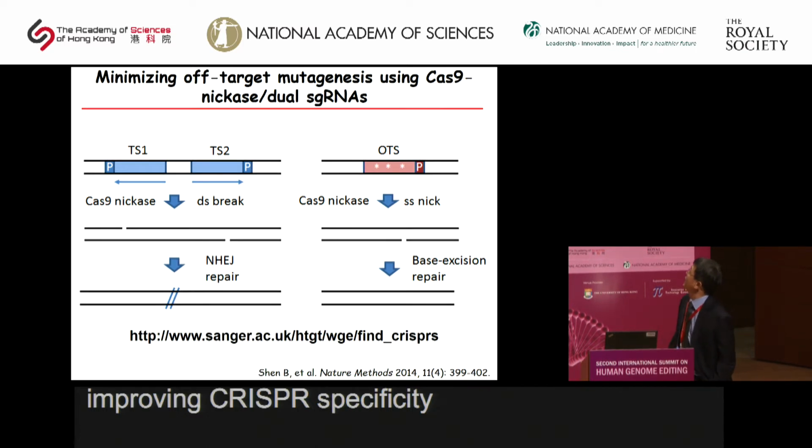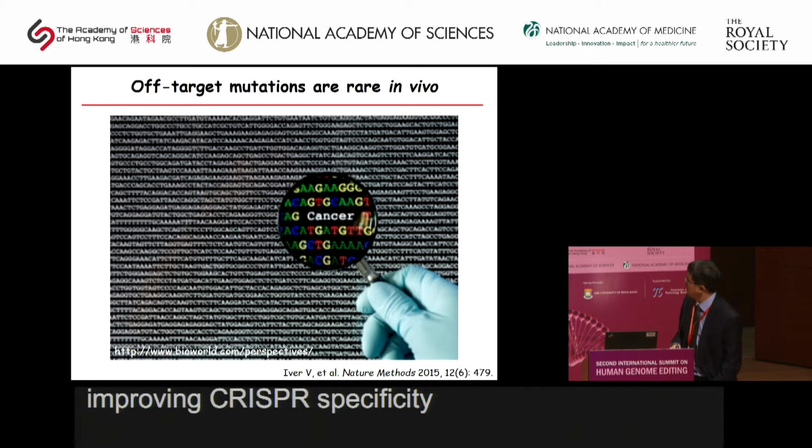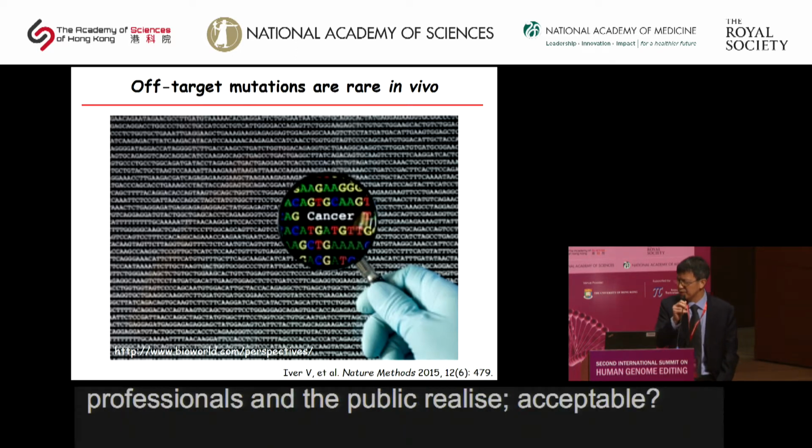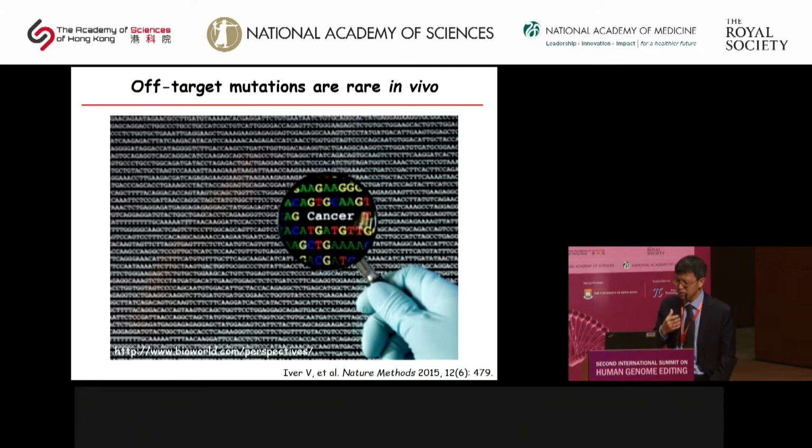We have been working with the dual sgRNA Cas9 system to minimize the off-target mutagenesis, with first success in vitro using different kinds of cell lines. And later on, we demonstrated the versatility of the strategy in vivo, here shown in mice. And by whole genome sequencing analysis, we demonstrate that the level of off-target is low.